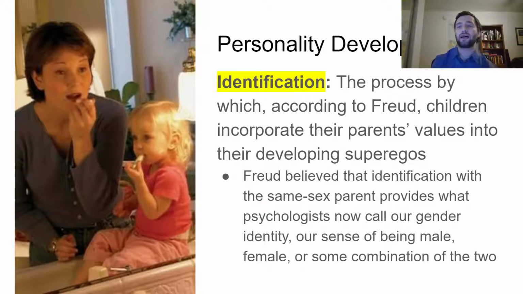Freud believed that identification with that same-sex parent was also going to provide what we now call gender identity. They didn't refer to gender identity then, but today we would refer to it as gender identity, or basically the idea of what it means to be male, what it means to be female, or how those things are combined, right? So the general idea is that you learn what those things are from your parents.